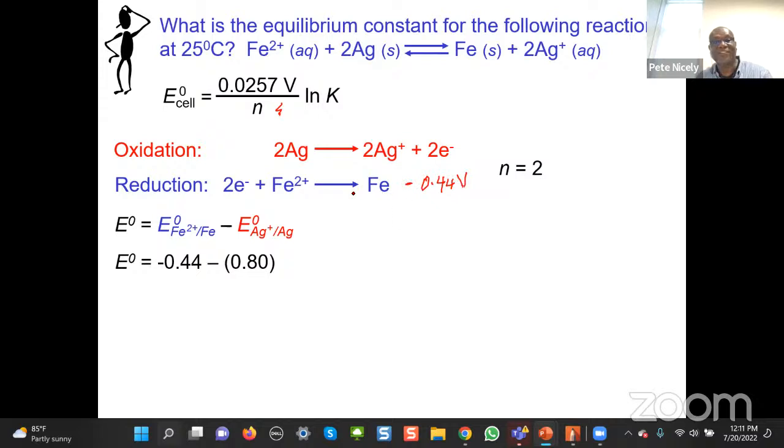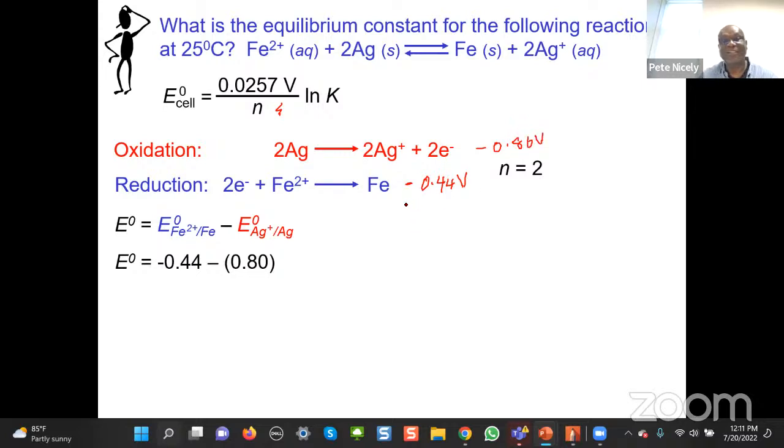And then now for the silver plus going to silver, the value I see here is plus 0.8 volts. Now this is the reverse, so this will be minus 0.80 volts. So, okay, it works out to be the same.